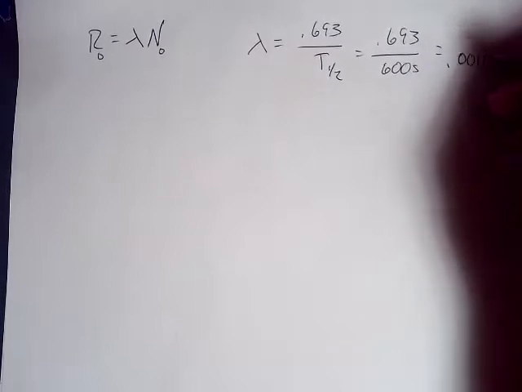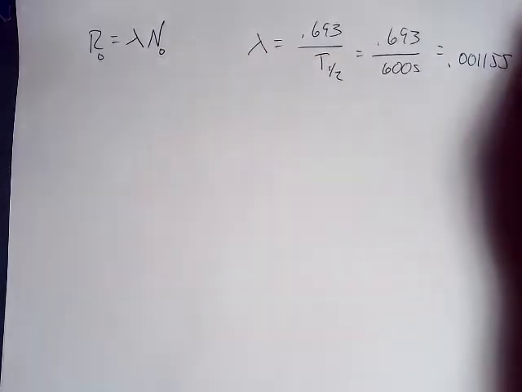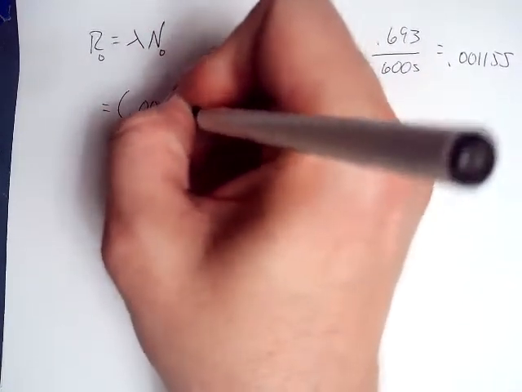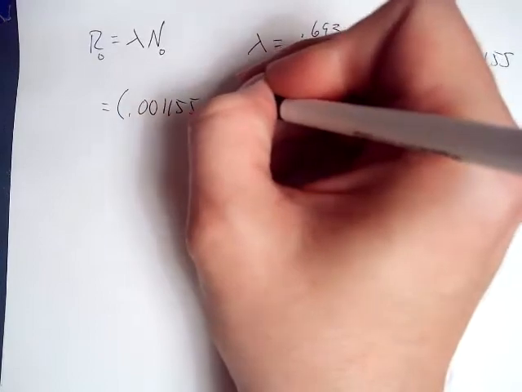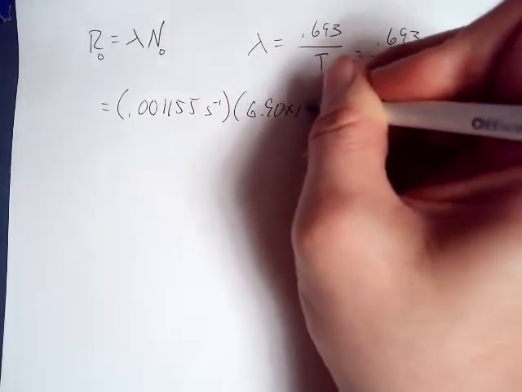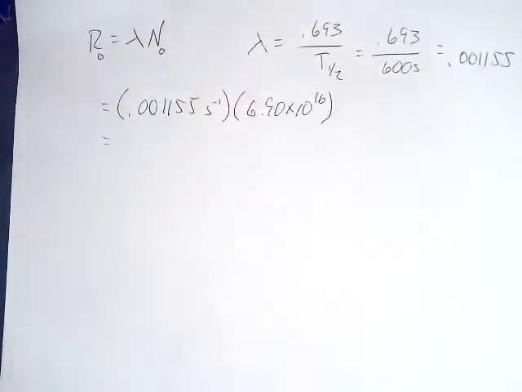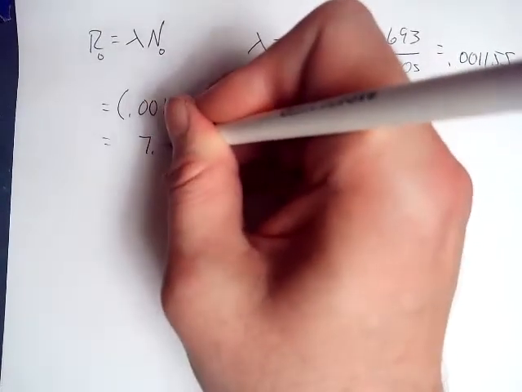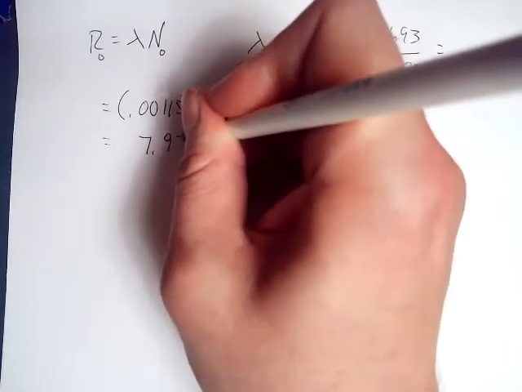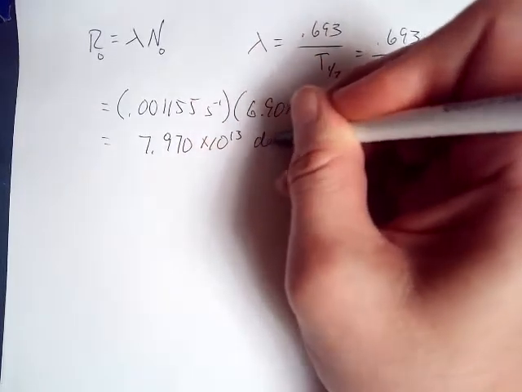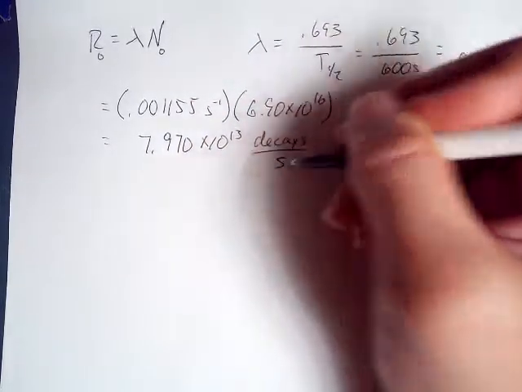Okay, so 0.01155 inverse seconds there, and then the activity times the number of nuclei we just found. Okay, and that's decays per second.